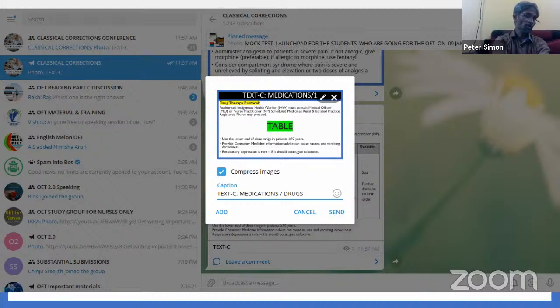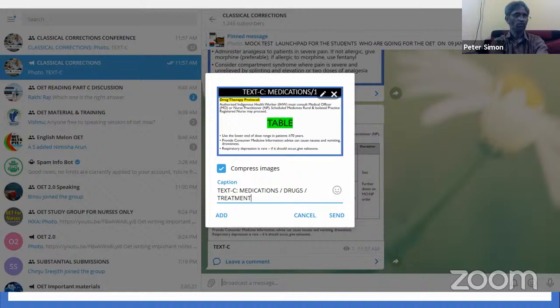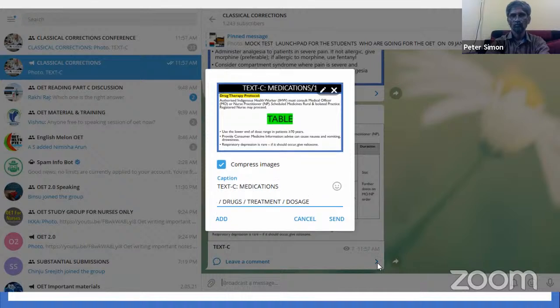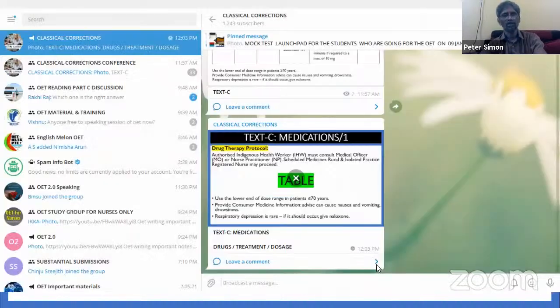Drugs, medication, dosage or treatment. Drugs, dosage, treatment, medications, dosage. Okay. So the other words are drugs, treatment, dosage, and there is another word that I'm not getting. Okay, fine. So that is medications.